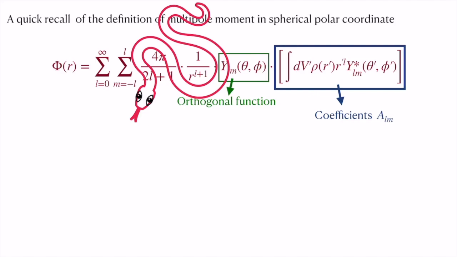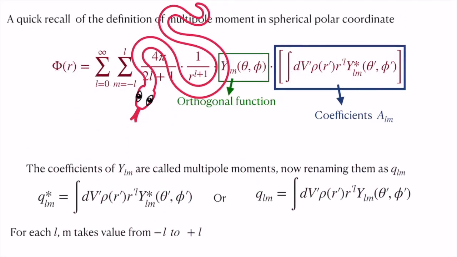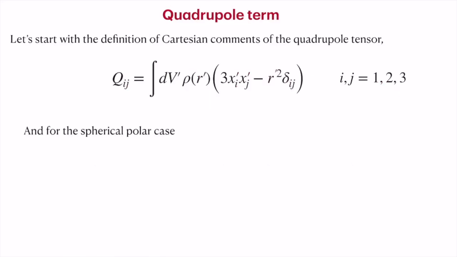We have seen that the coefficients of these expansions are defined as multipole moments. So YLMs basically serve as a basis, and for a given L we have m going from minus L to L. For L equal to 2, we essentially have the quadrupole moment.